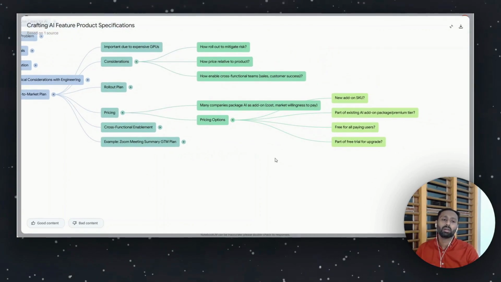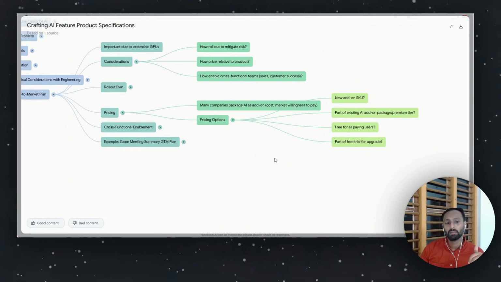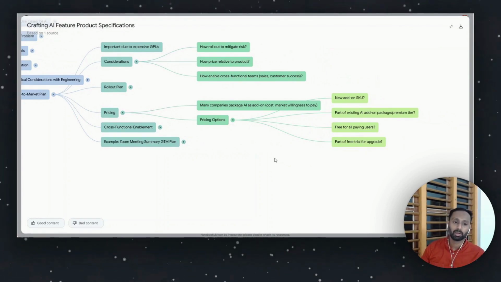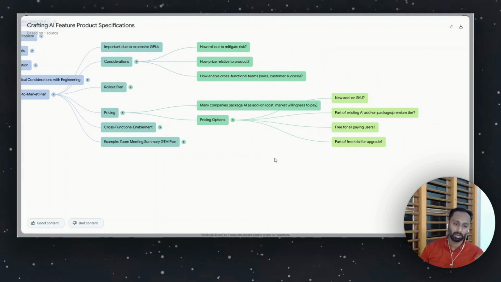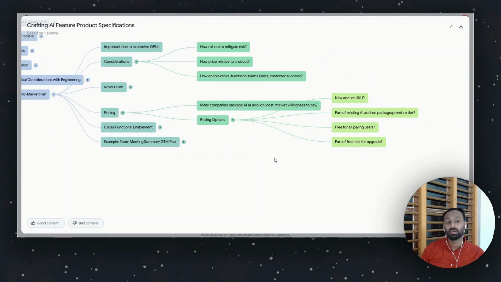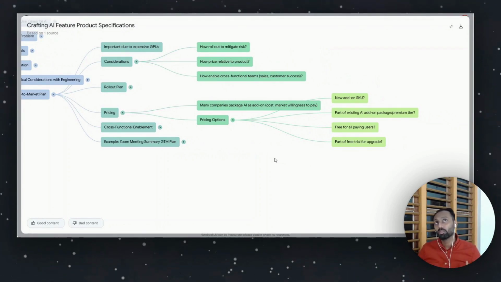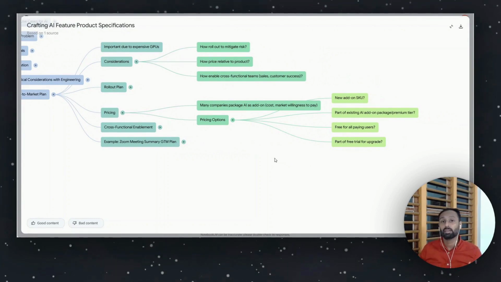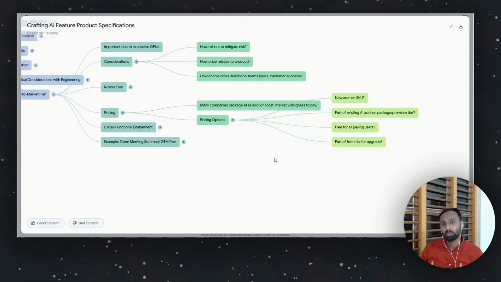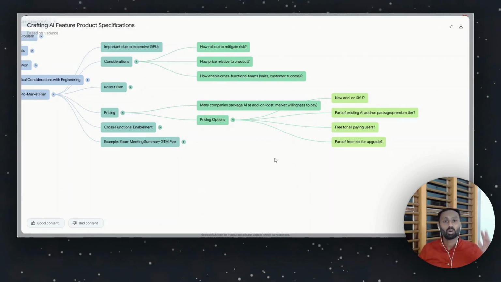Also work on the pricing options. How do you think about it? Can you give it free for all paying users? Can it be part of the free trial? Because imagine somebody is using your product for 10 days in the free trial and bombarding the system with a lot of things, and your LLM cost shoots up.